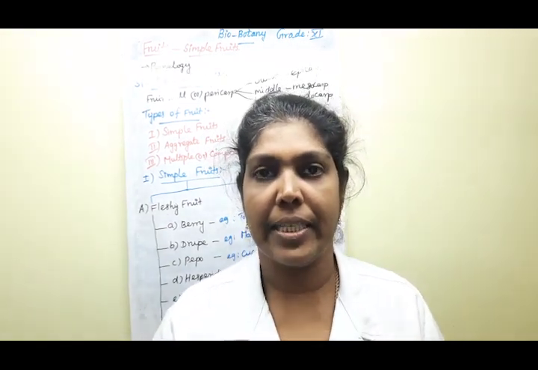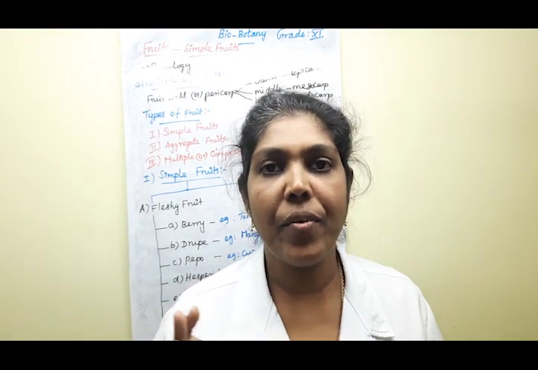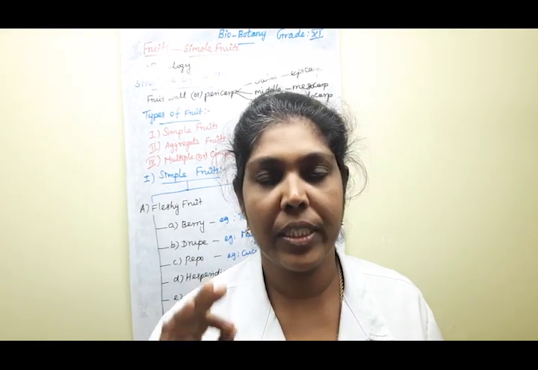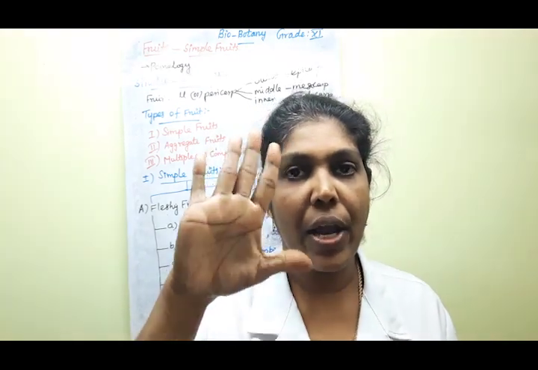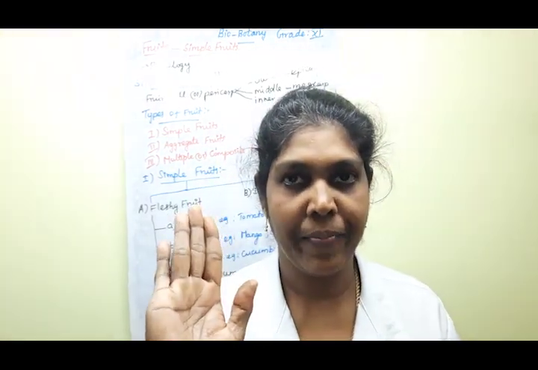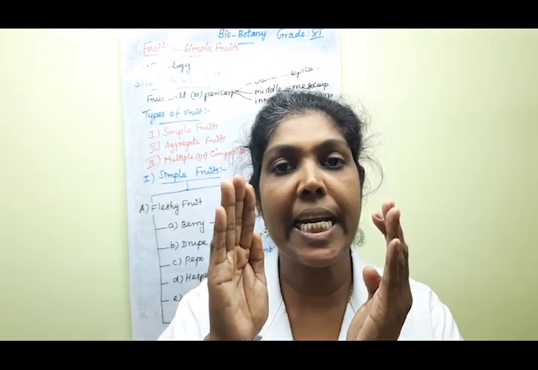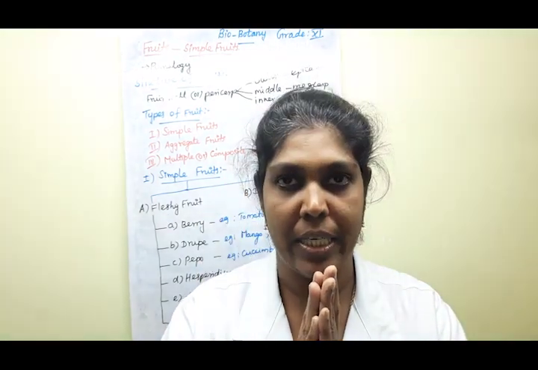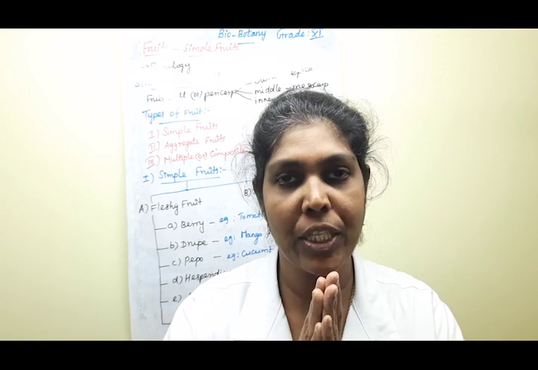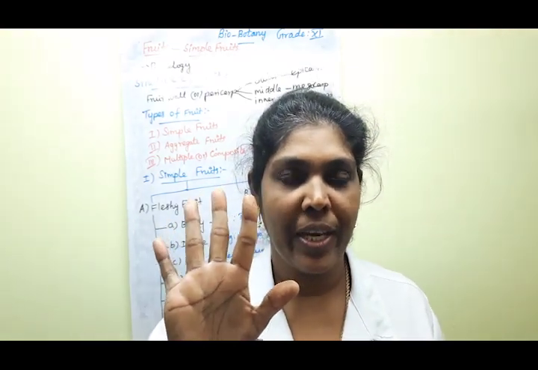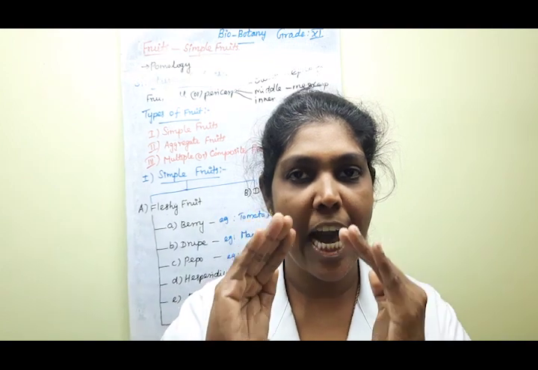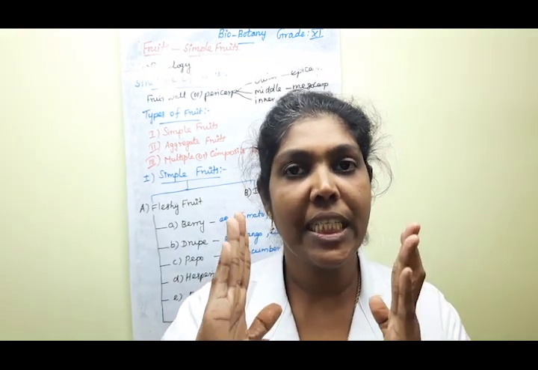Clear? Yes. Then how do we mention this, all of you listen carefully and tell. The 5 sepals are there, in a syn-sepalous condition. Are you understood the question? The 5 sepals are arranged in a syn-sepalous manner.